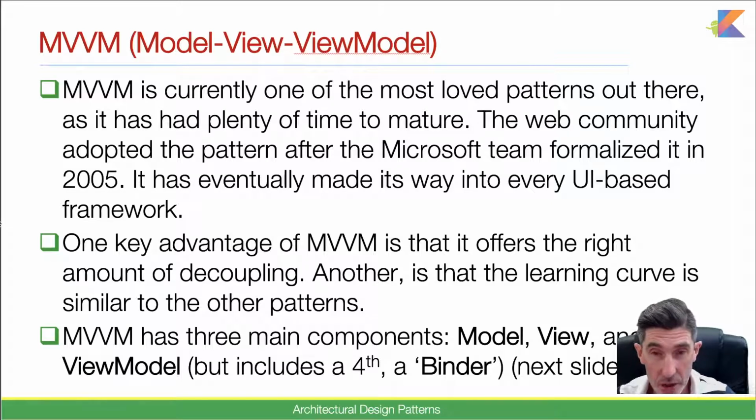And again, this will map directly to those architecture components that Google now have in the SDK. MVVM itself includes a fourth component, even though it's not mentioned in the title, which is a binder. We look at that in the next slide.